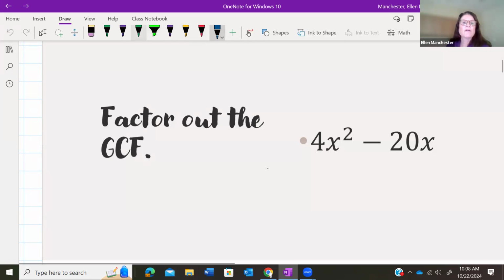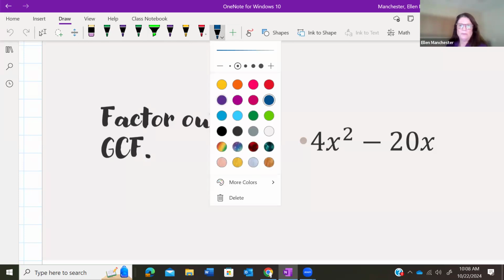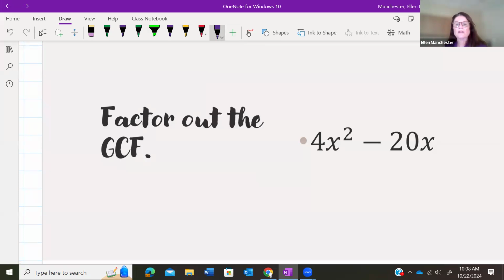When you look at this, what is in common for both of these? Okay, 4 is in common because 4 can be divided out of 4, and it can be divided out of 20 also. Right? So remember, what we're doing is we're doing division.